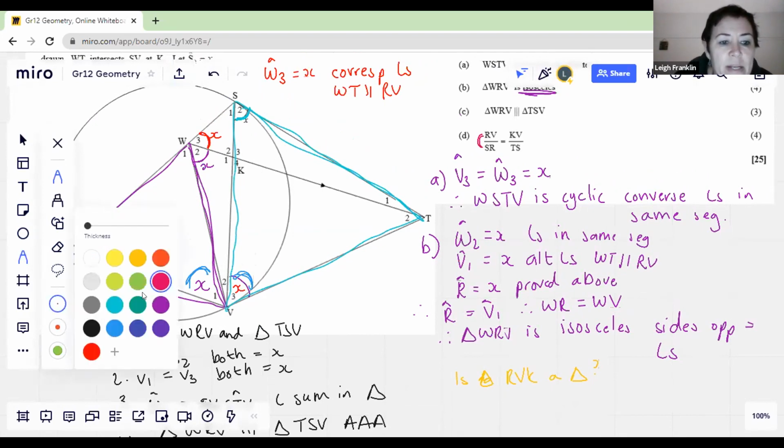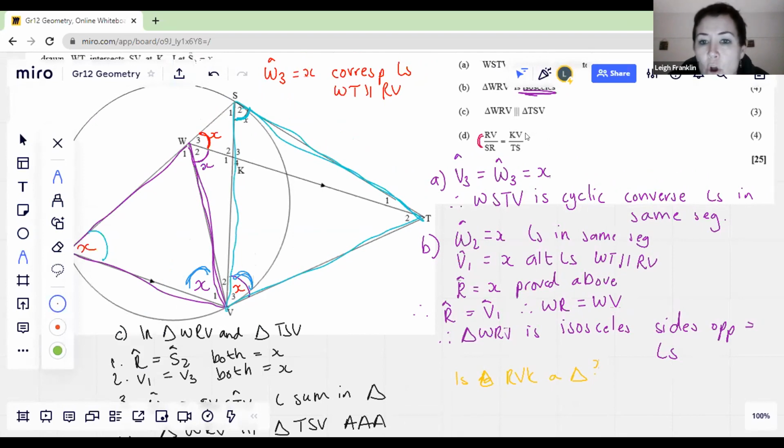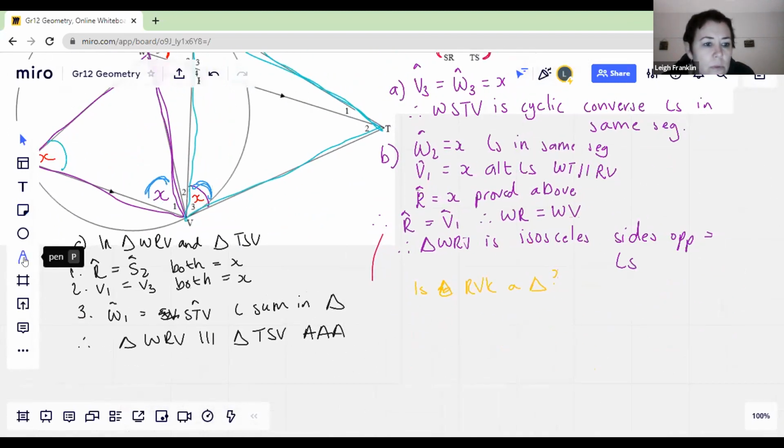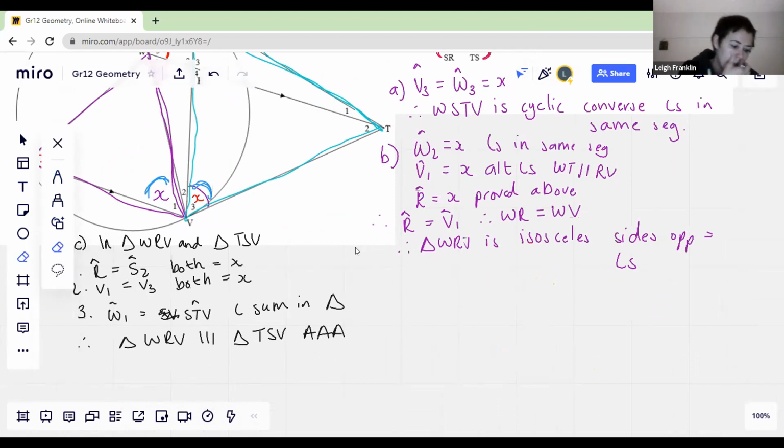If you end up in a situation like this, what you need to do is go back and have a look at what you can replace. There must be two sides that are equal to one another. So in this case, which sides were equal? Which side can we replace with which side?